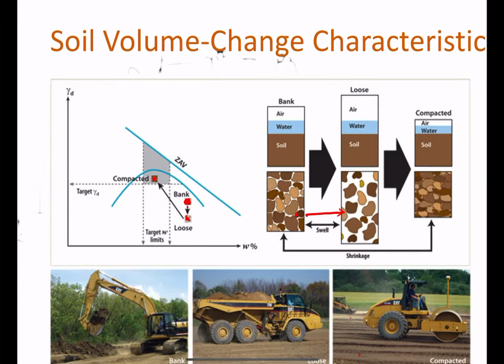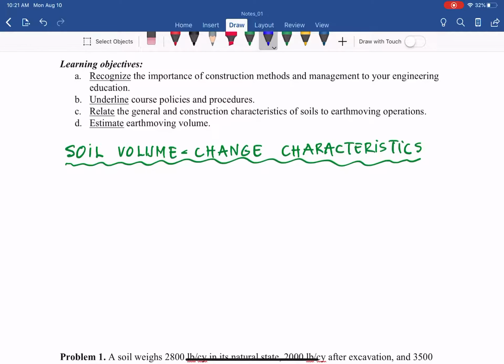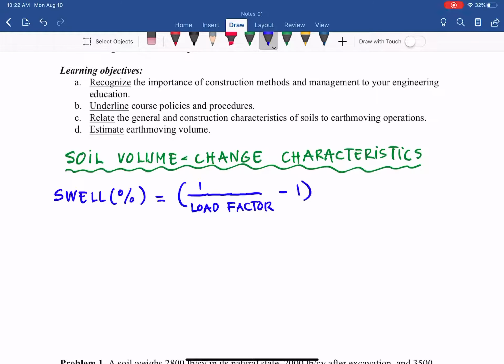So with that, let me give some equations for how to capture that change in volume for different conditions. The first one, if we transfer the soil from the bank to the loose, it is measured by swell percent, and it equals 1 over load factor minus 1, times 100, because that is percent.